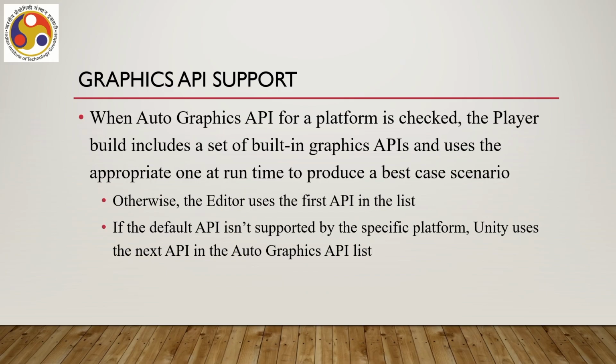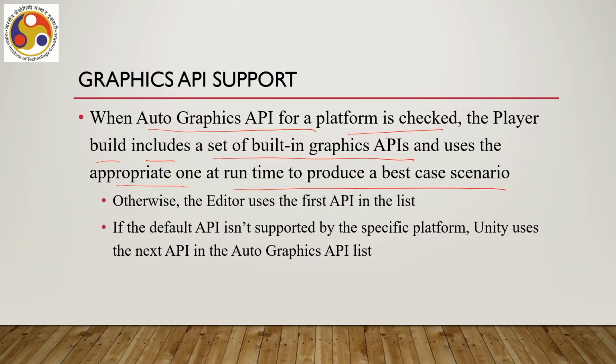When Auto Graphics API for a platform is checked, the player build includes a set of built-in graphics APIs and uses the appropriate one at runtime to produce a best case scenario. So, all the concerns related to implementation are taken care of by Unity. The developer does not need to bother about which API to use or what is supported for a given platform.